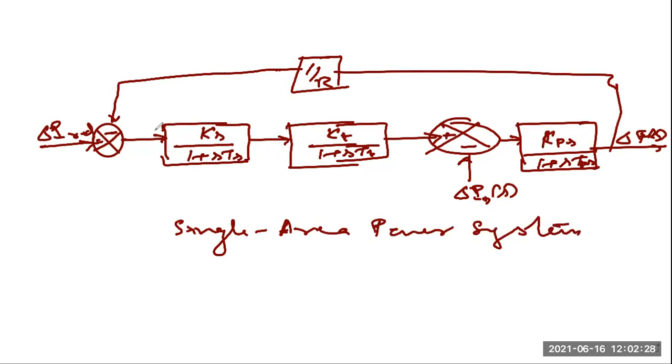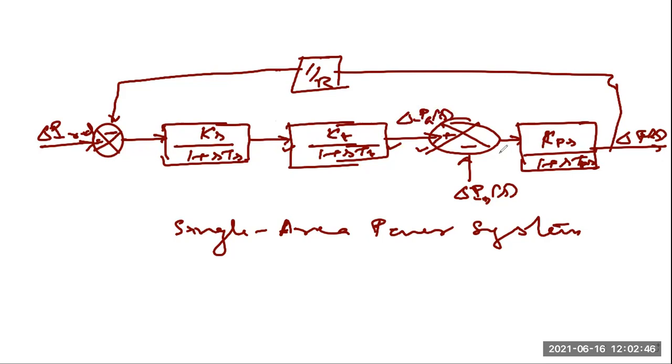This is basically your input to the turbine, input to the speed governor, and this is the output. This is the input to the turbine, and this is the output of the turbine. This is your delta PGS.